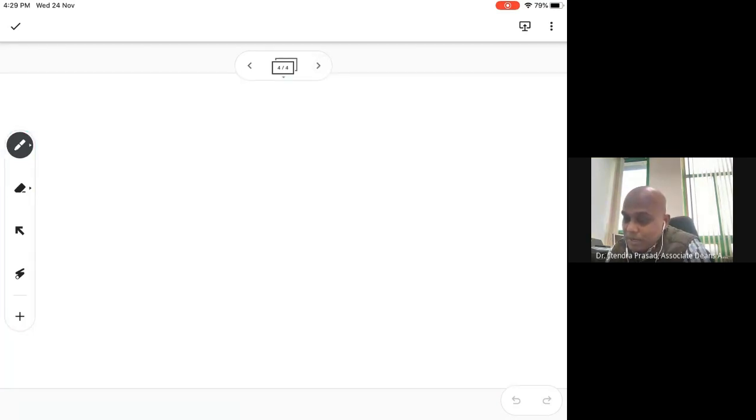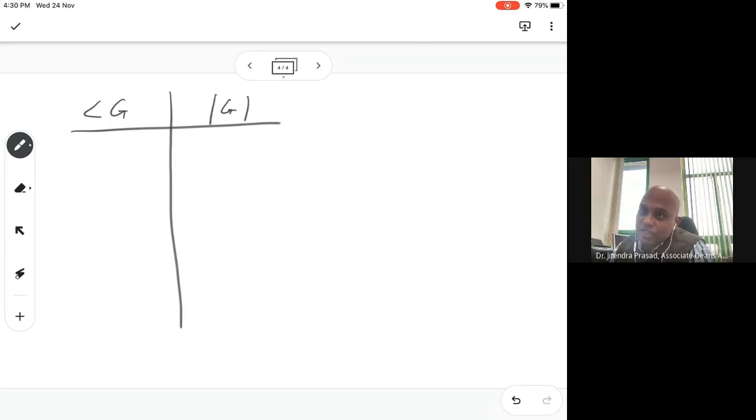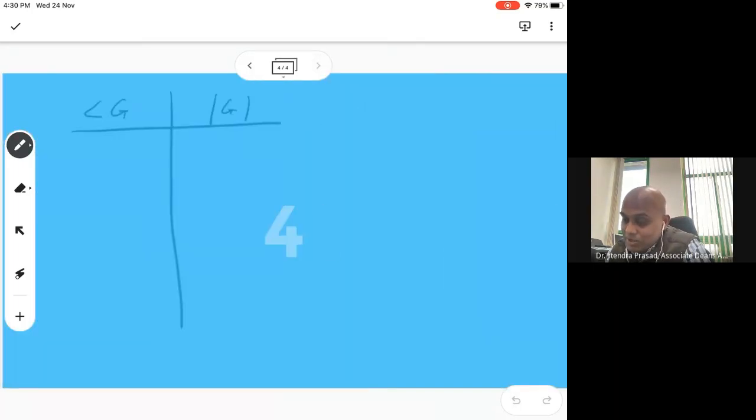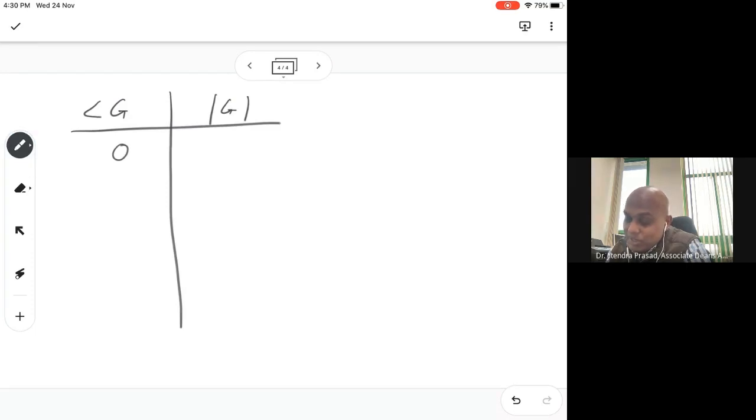So you have angle of G, you have the value of the magnitude of z, right? So angle of z started with 0. Yeah, so we got 0, we got minus 90 degree, we got minus 180 degree, we got minus 270, or we get 90 degree.